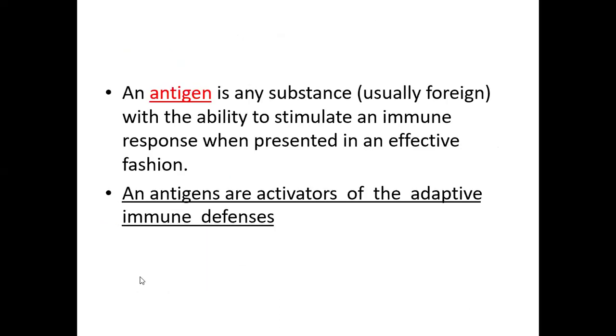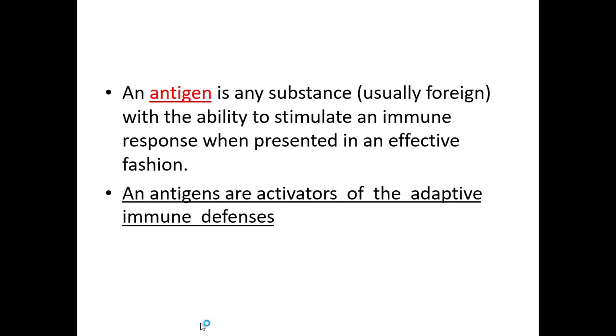Okay, but as you understand now, antigen is the main participant in the adaptive immune response. So antigen stimulates the adaptive immune response to start to work.